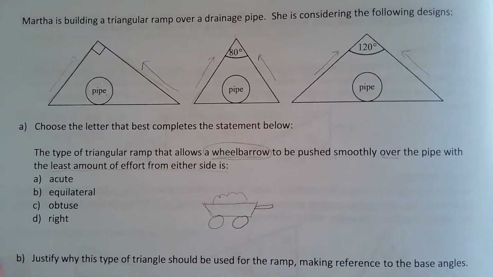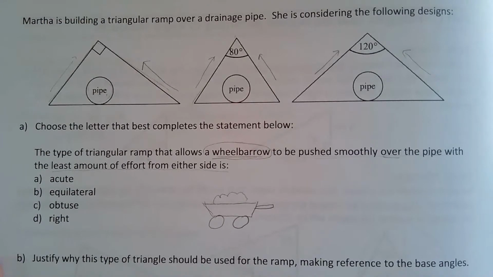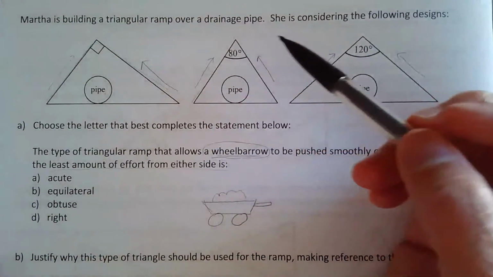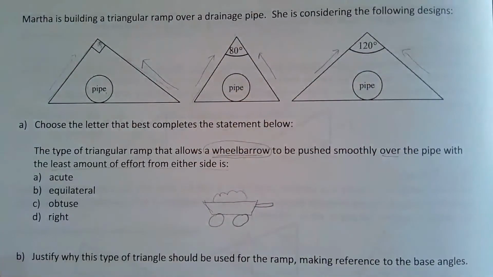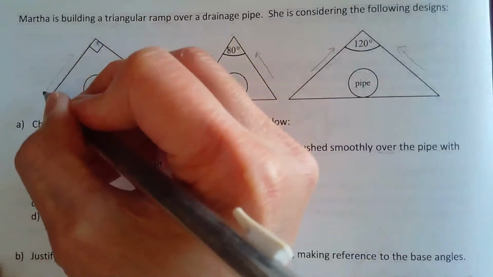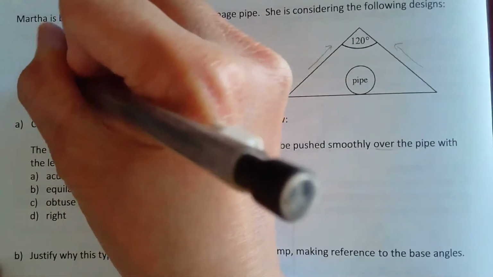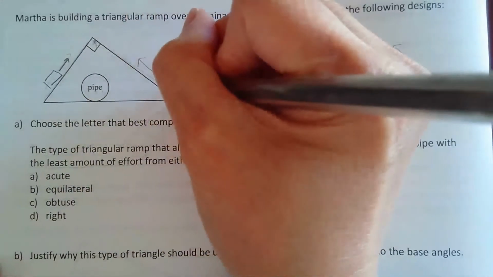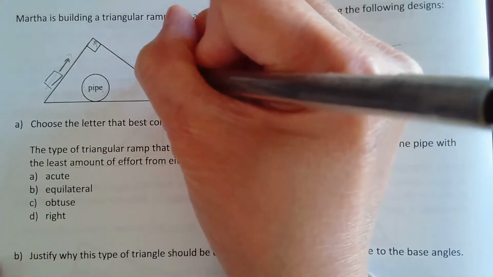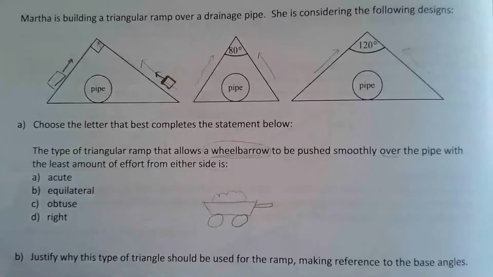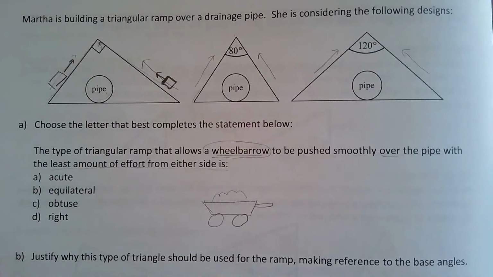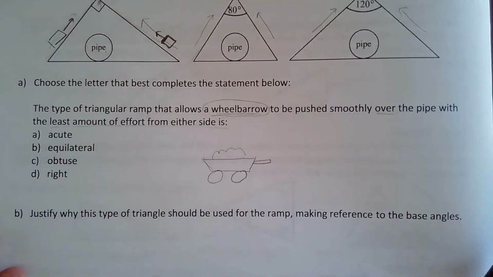Okay. Now thinking about that kind of gives us an idea. That all depends not on the angle above, but the angle below, because we're pushing our wheelbarrow this way. This actually reminds me of a physics question. Which one will give me the smallest effort?